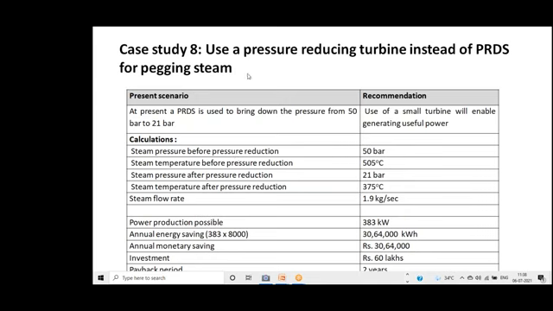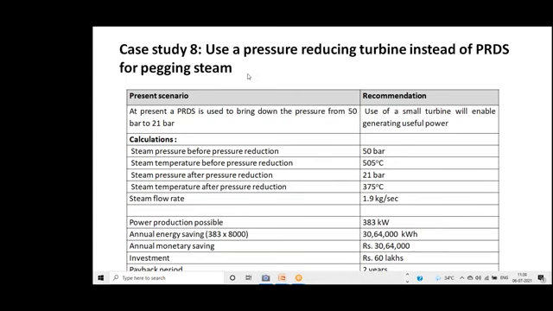And another probable thing that you will see is a lot of high pressure steam is available, which is reduced in a pressure reducing valve. Instead of using a PRDS, or pressure reducing de-superheating station, as it is called, where the steam is reduced from higher pressure to lower pressure by a valve mechanism, throttling is a waste of energy.